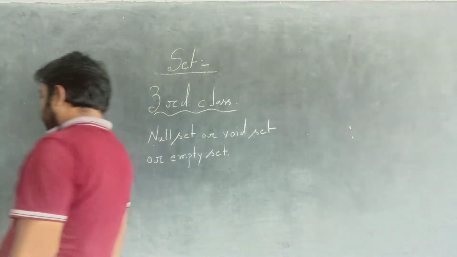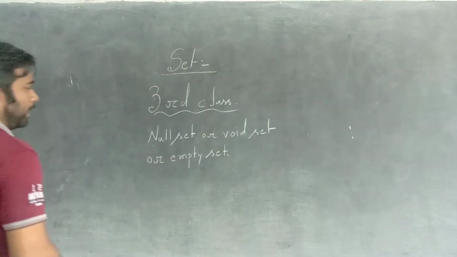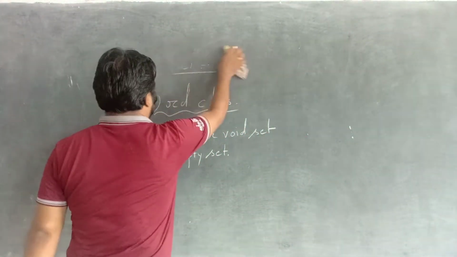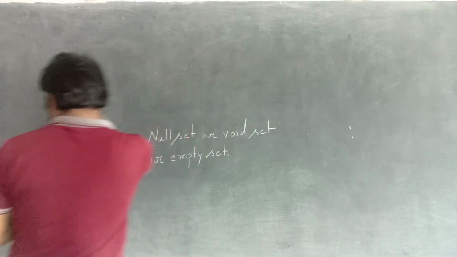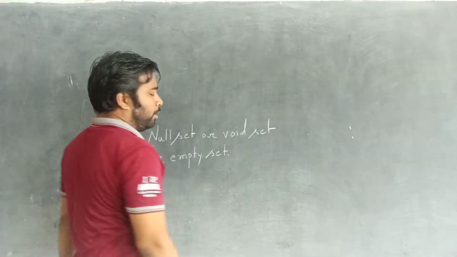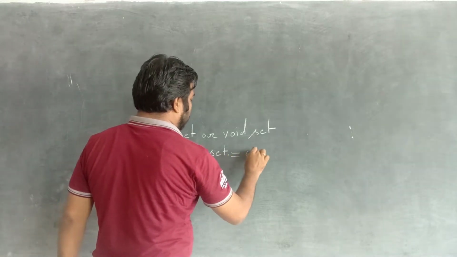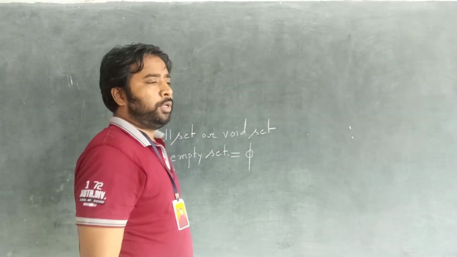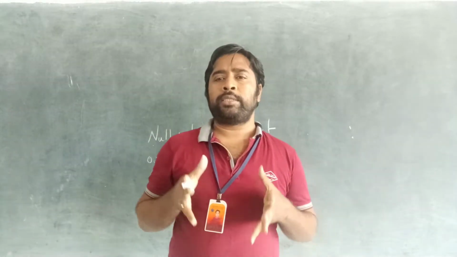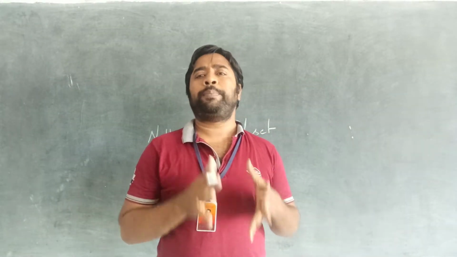Null set, void set and empty set are denoted by phi, because I told you that every set is always denoted by some capital letter.